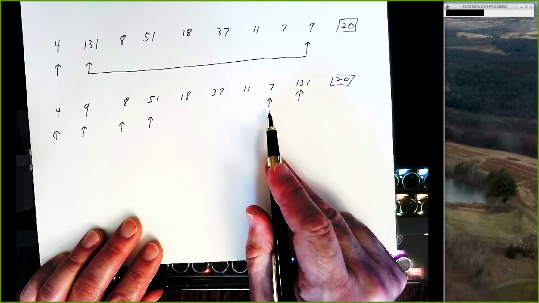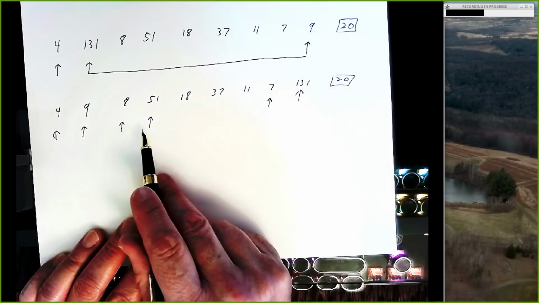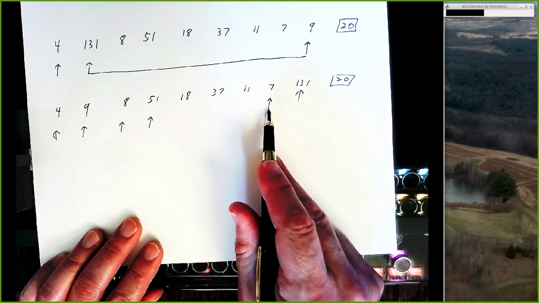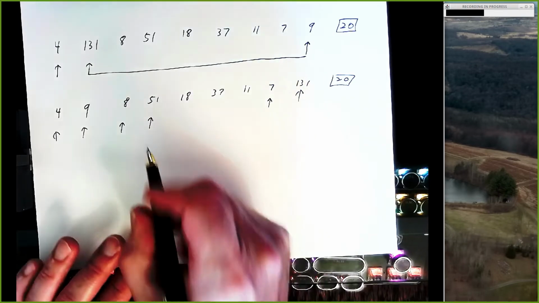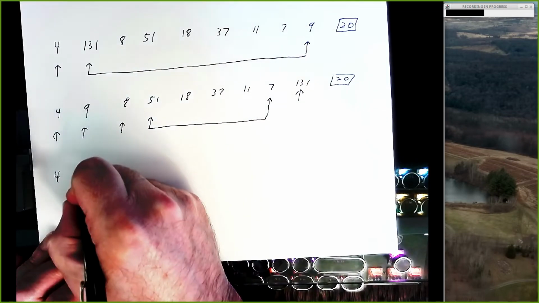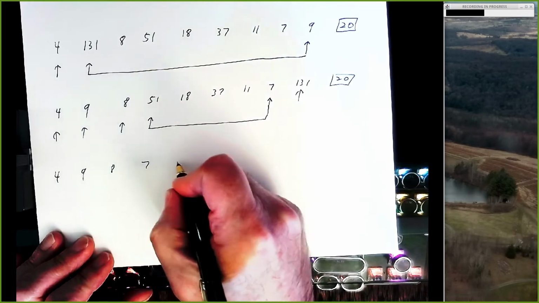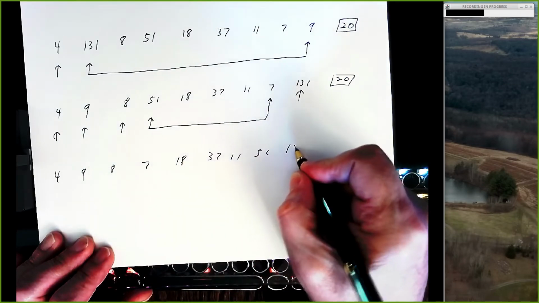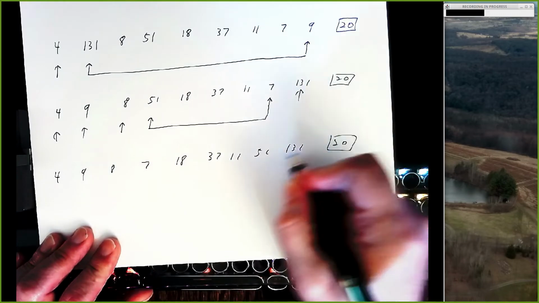Okay. The biggest number on the right. Yeah, we want bigger numbers on the right, so we want to swap this number that's too big with something over here that's too small. So we'll stop at the 7, and we'll swap those with each other. This becomes a 7. Our 51 goes over here. There's our pivot.